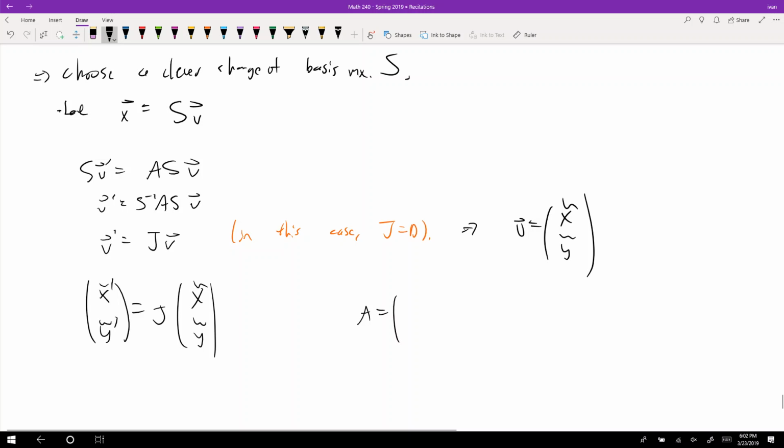So remember, A is equal to 1, 4, 2, 3. So A minus lambda I. Actually, you find the eigenvalues. We can just eyeball them here if we really wanted to. Trace is 4, determinant is -5, so it looks like 5 and -1.